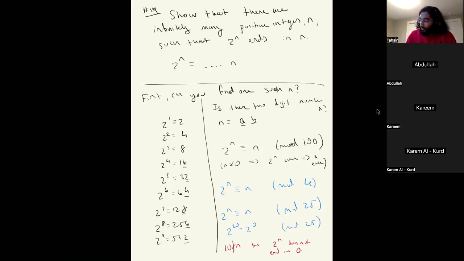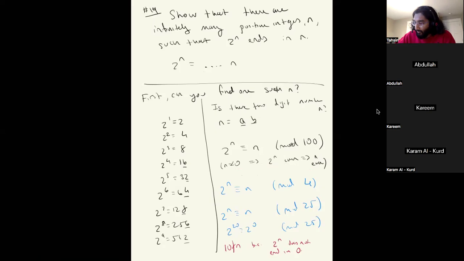There's another observation here which is similar to this. We concluded that n is even. I claim you can do even better than that. 4 divides n, because of the same reason, really.